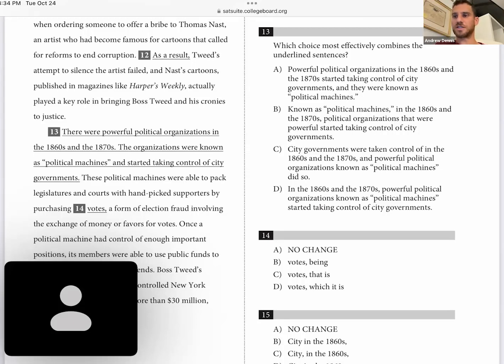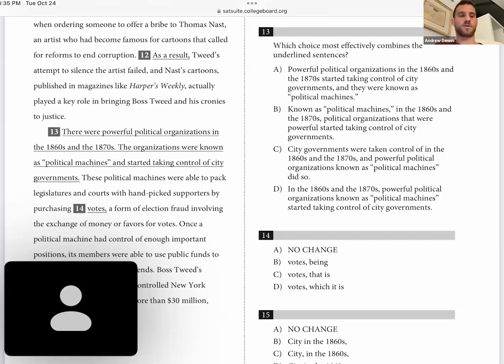Known as political machines in the 1860s and 1870s, political organizations that were powerful started taking control of city governments. I don't like the sound of that too much. City governments were taken control of in the 1860s and 1870s, and powerful political organizations known as political machines did so. I don't love that one either. In the 1860s and the 1870s, powerful political organizations known as political machines started taking control of city governments. That one's pretty solid too.